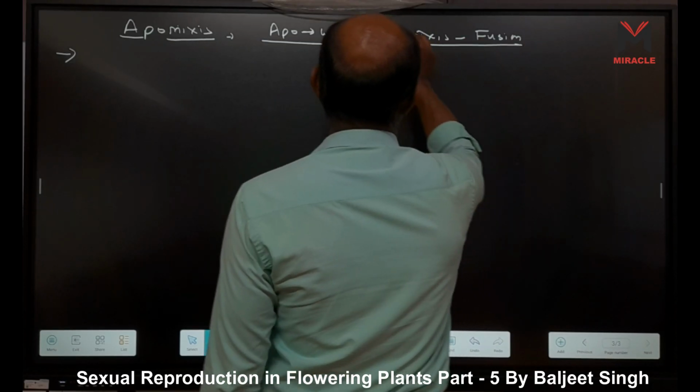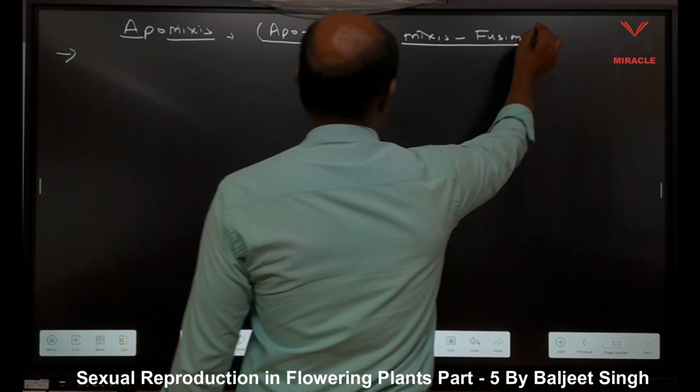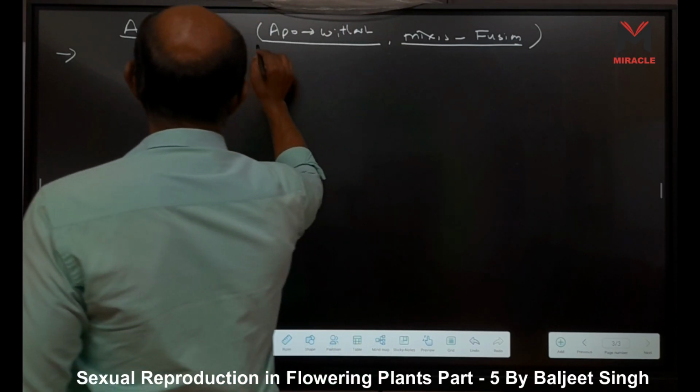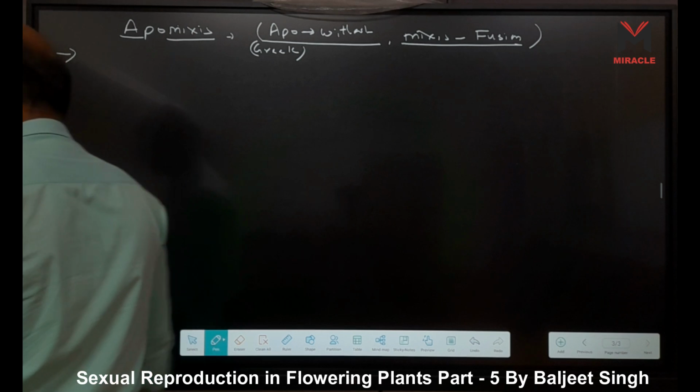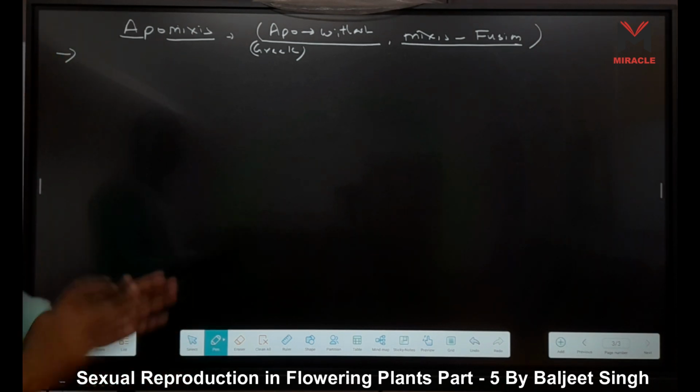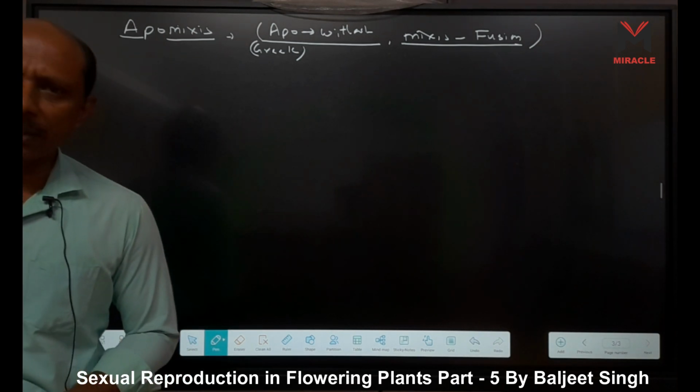So without fusion, or without fertilization. It is a Greek word. So when a seed is developed without fertilization, this is called an apomictic seed, right?